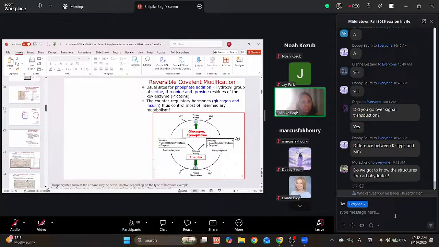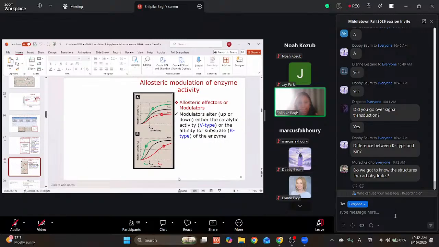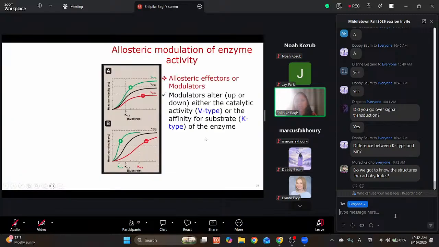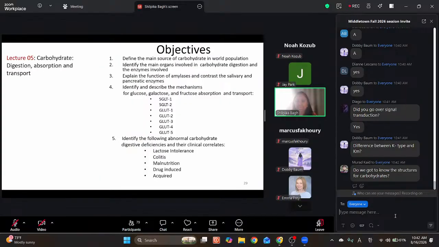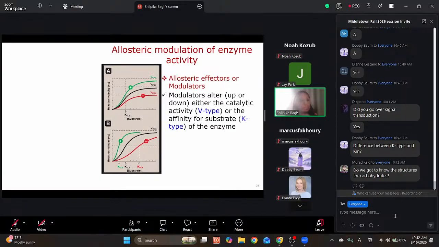No, you don't need to know structures. There's no chemistry. This is biochemistry applicable to clinical medicine, please. But yes, you should know what your sugars are made up of, just as I told you. No structures, please.